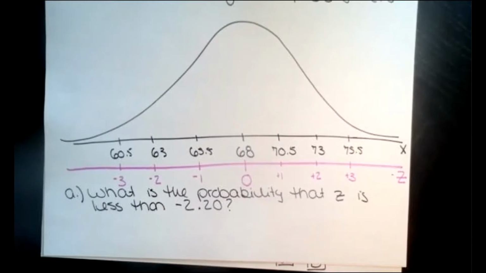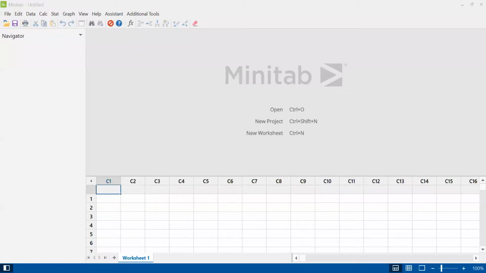I already opened up a Minitab file, so I'm going to share my screen so you guys can see. So here's my Minitab. It doesn't have any information in it, and I don't need any information in it. When you're calculating probabilities for Minitab, all you need to know is the area we're looking for, the area to the left. I need to know what that data value is.